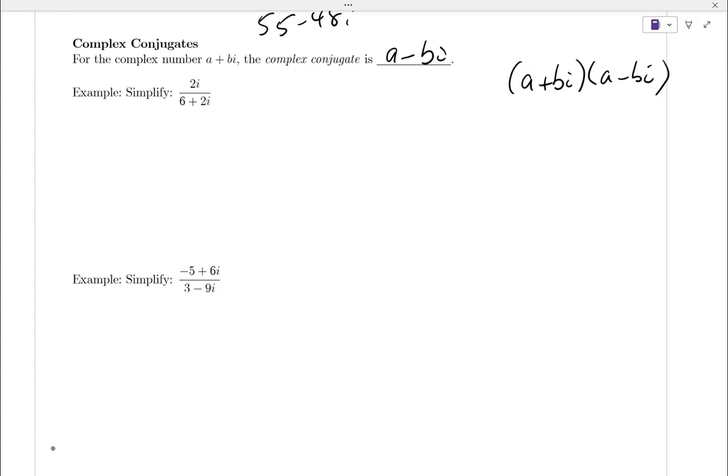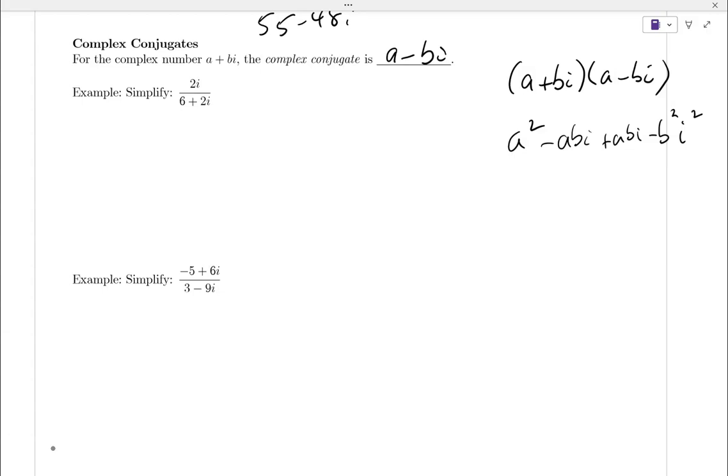What do we get? A squared, and then we get a negative abi and a positive abi and a negative b squared i squared, right? That's just doing the distributions, right?